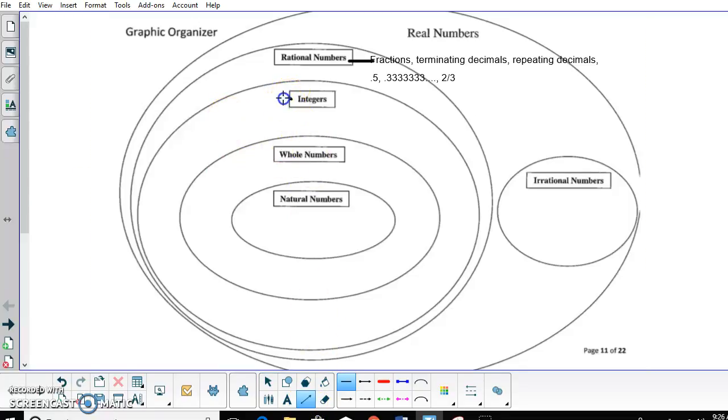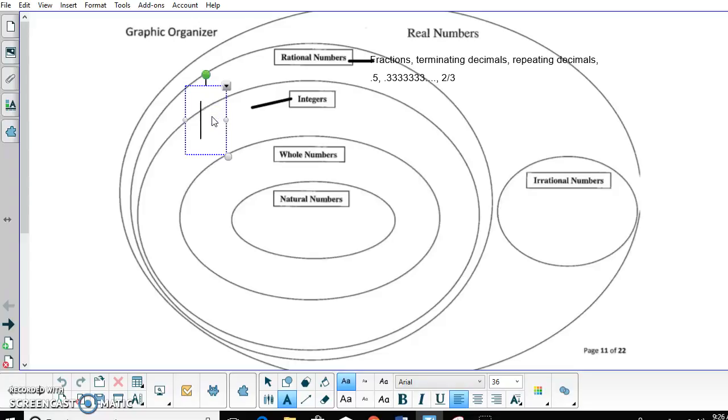Integers we already talked about, but just in case we forget, integers are our whole numbers and their opposites.